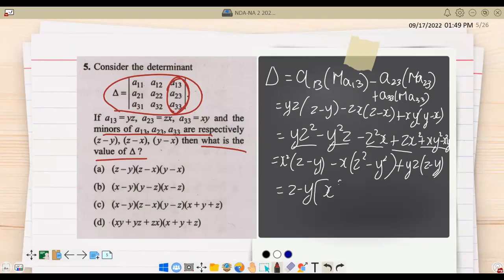Then I'll get x square minus xz. Here it will be split into z minus y, z plus y, so it will be minus xz minus xy plus yz.